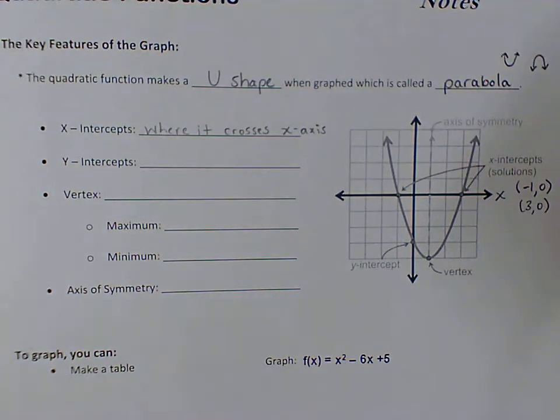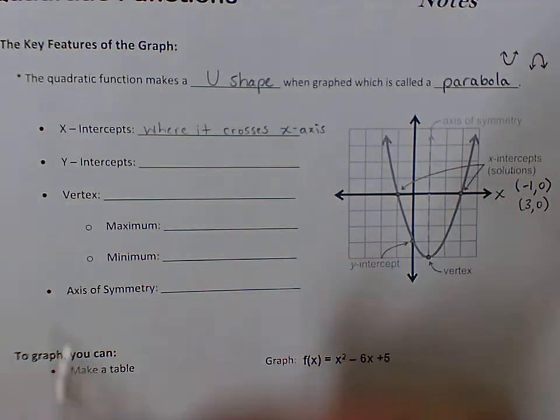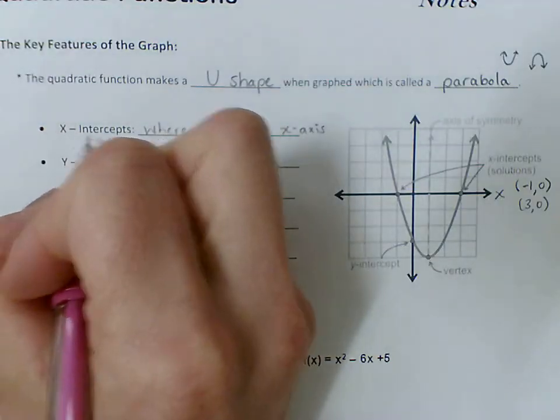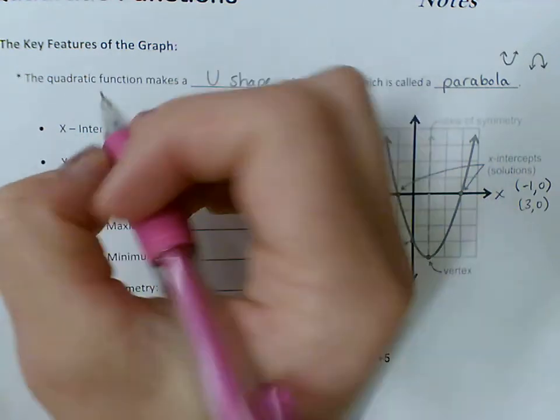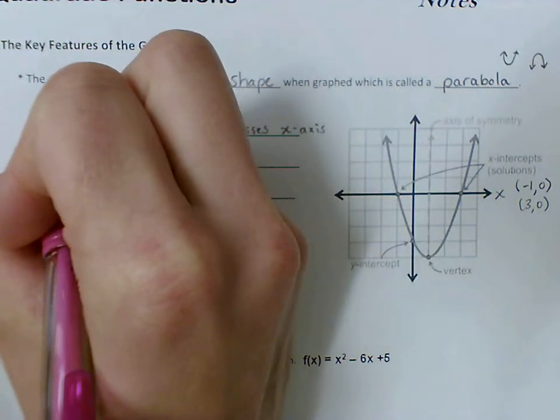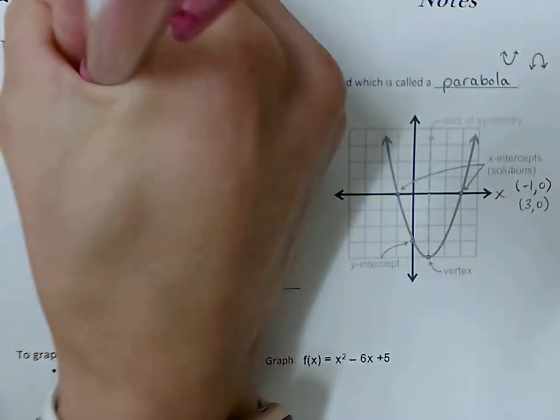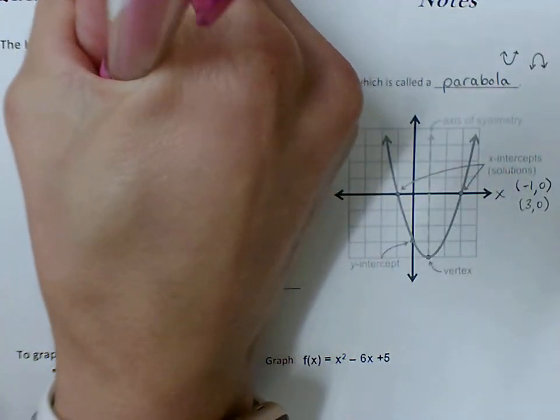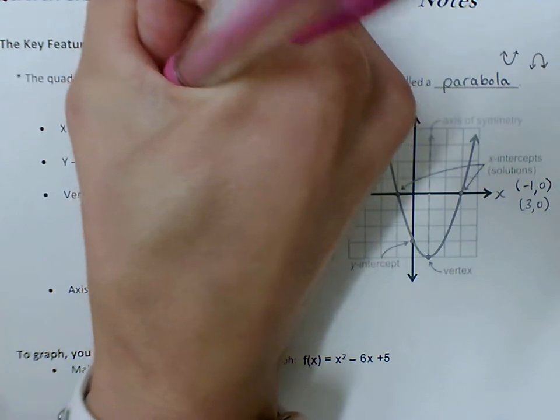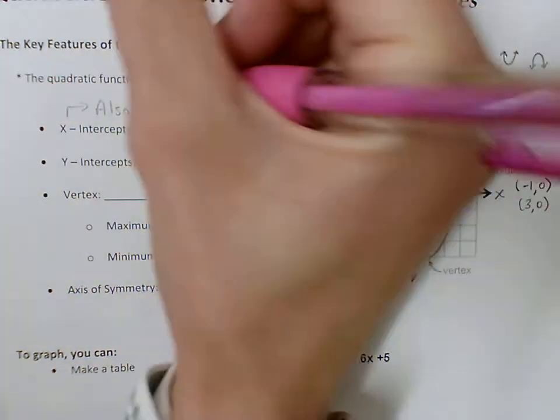Now, this part is going to be a little different. X-intercepts actually can have a different name whenever you are dealing with quadratic functions, okay? So x-intercepts, when you're dealing with quadratic functions and other types of functions, which you will get to in other classes, can also be called zeros.